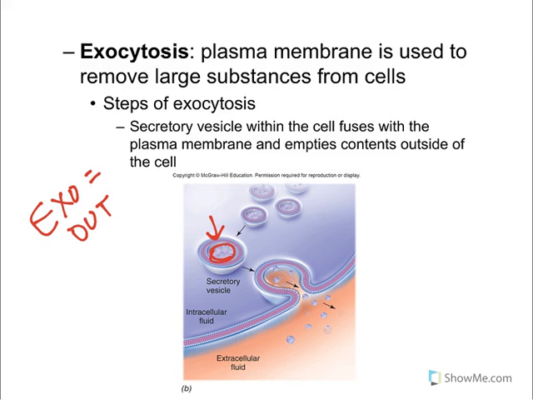So what's going to happen is literally just the opposite of what we saw in endocytosis. So this little vesicle is going to come over here. It's going to attach itself to that phospholipid bilayer, the plasma membrane, and it's going to open up, and the contents are going to spill out. Okay. So this is going to help remove a lot of material from inside to outside the cell.